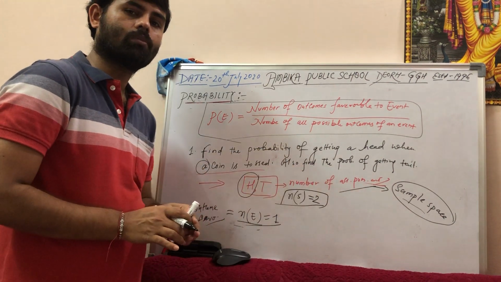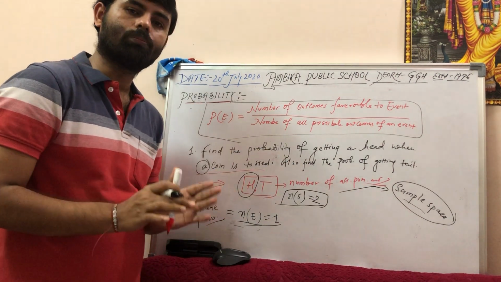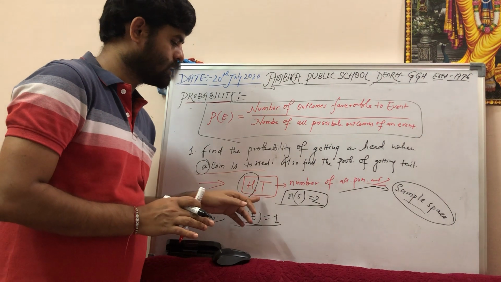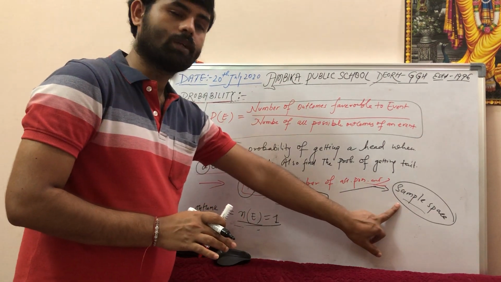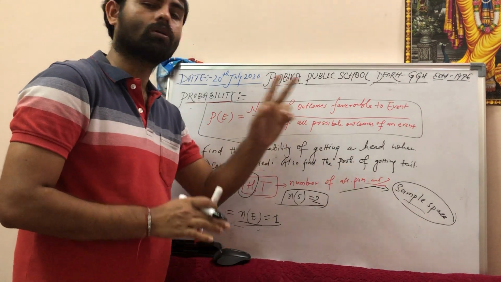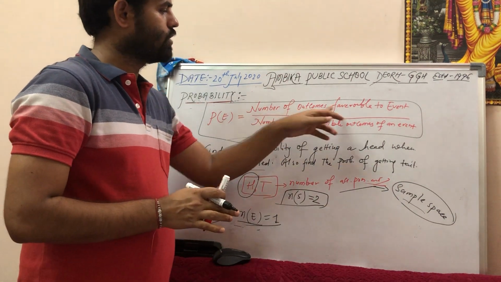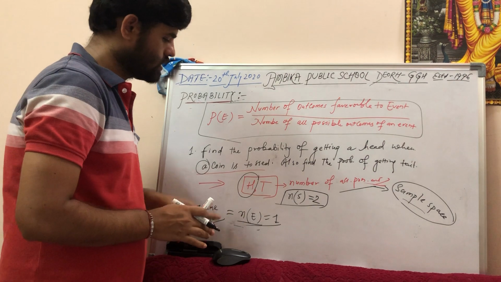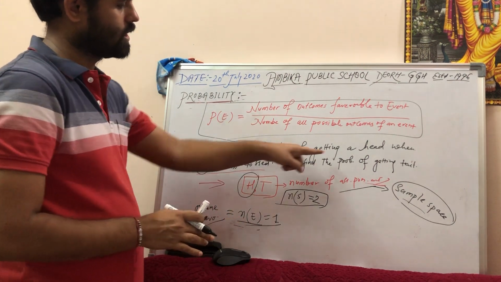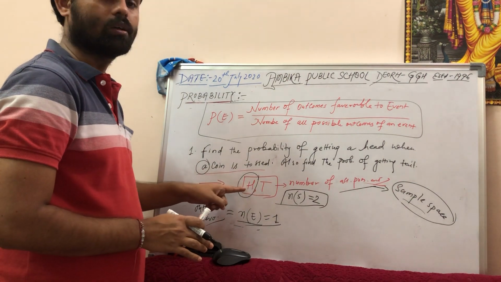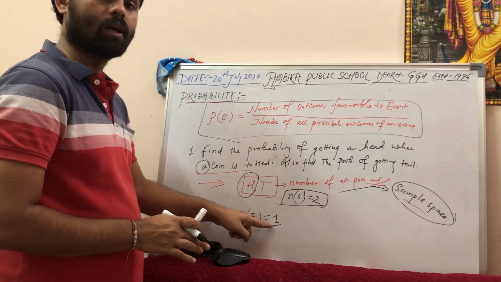You just have to remember, possible outcomes means all the possible outcomes, that is head and tail on tossing a coin. That is also called the sample space. Sample space and possible outcomes are the same thing. Favorable outcomes or number of events is the same thing. Getting a head means we have to see the head. Only one time the head came, so I can write 1.